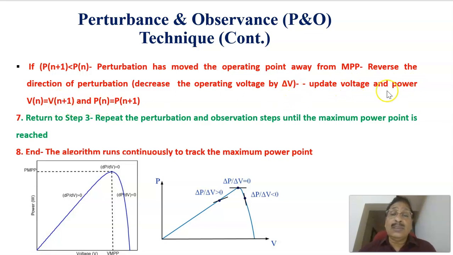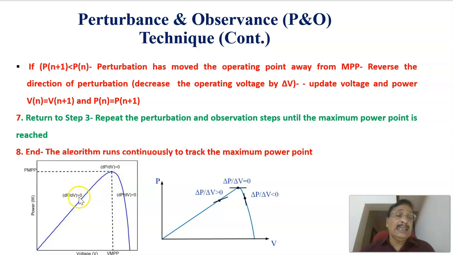That is, update the voltage and power, and again this is repeated. If the point is on one side, you reduce the voltage and reach towards the maximum power. If the point is on the other side, you increase the voltage and reach the maximum power.